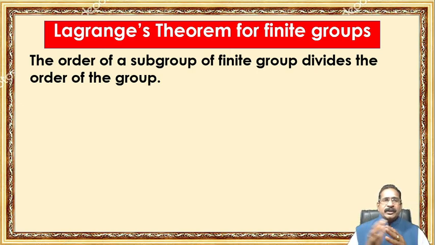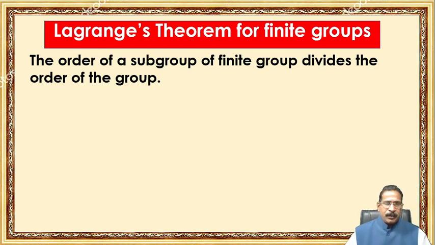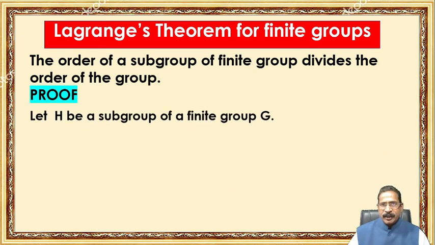Suppose any coset aH in G. The number of elements in a coset is the same as the number of elements in H. And if G has k distinct cosets, then G can be expressed as the union of all cosets. Using these two conditions, we enter the proof of this wonderful theorem, Lagrange's theorem for finite groups.